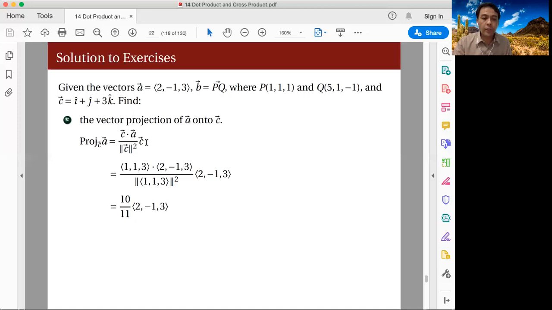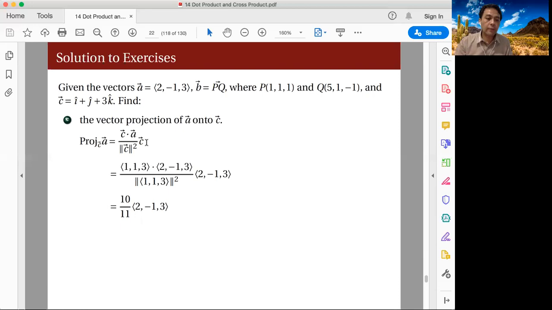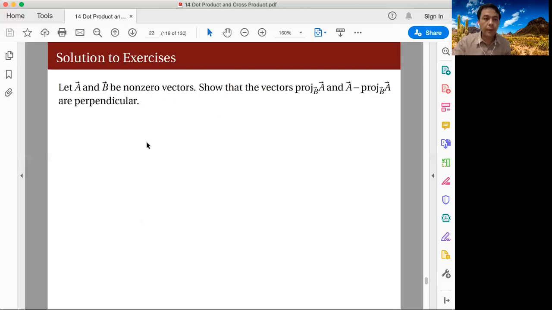Magnitude of the denominator squared is 11. And then multiply by 2, negative 1, 3, and that's it. Okay, or you can just have a 20 over 11, a negative 10 over 11, and a 30 over 11. Or we can just leave it in this form. That will be fine.